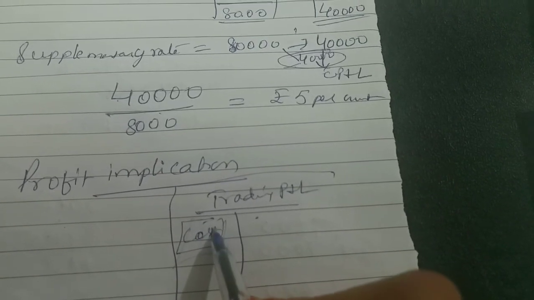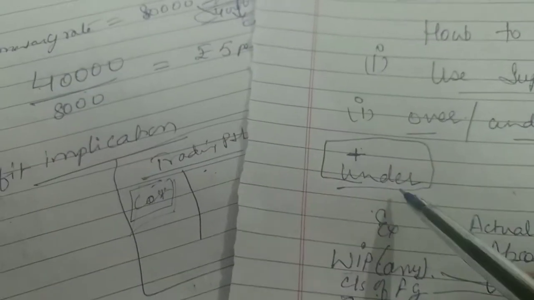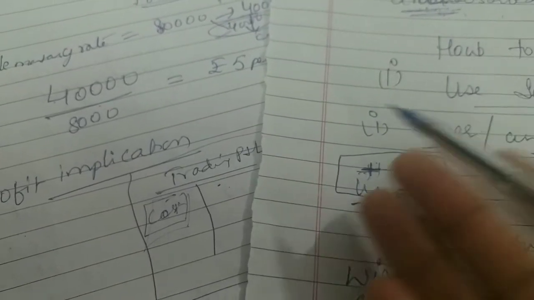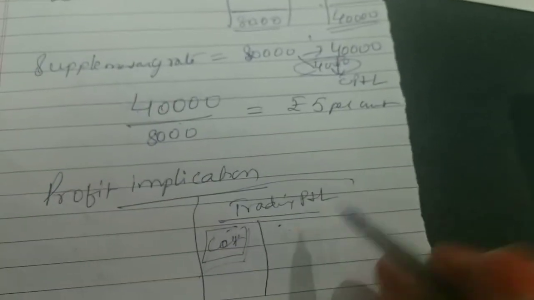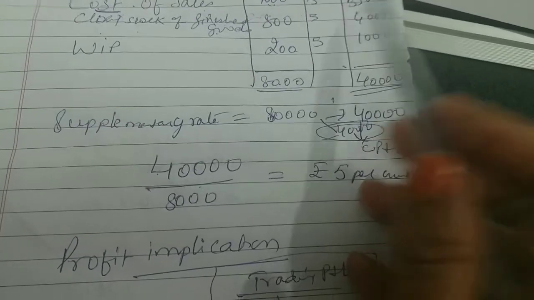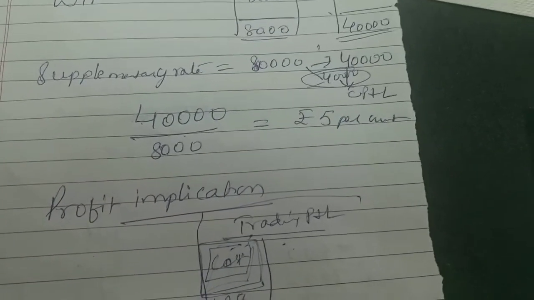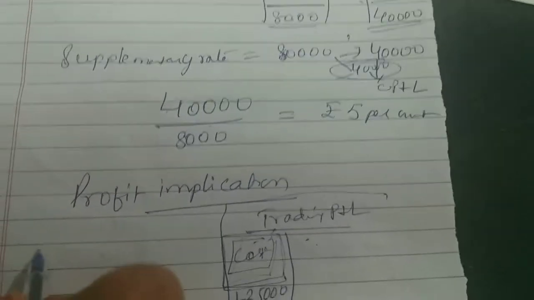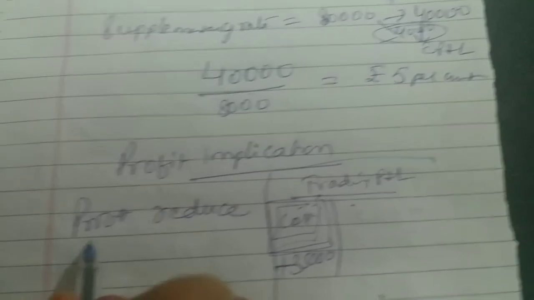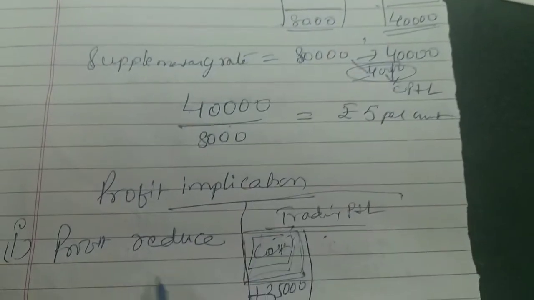Remember, under absorbed overheads had to be treated with plus. We have to do the adjustment, that is we are going to increase their values. So when the value of cost of sales has to be increased by 35,000, cost being on this side, if it increases by 35,000, then what will happen to the profit? Profit will reduce.